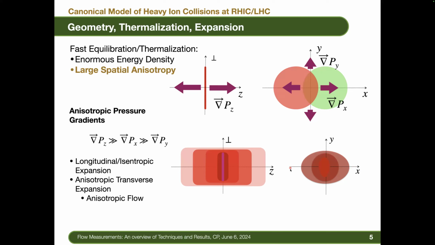So in the transverse plane, the fact that the gradients of pressure along x and y are different leads to an anisotropy in the expansion of the system. And this is essentially what we have measured.